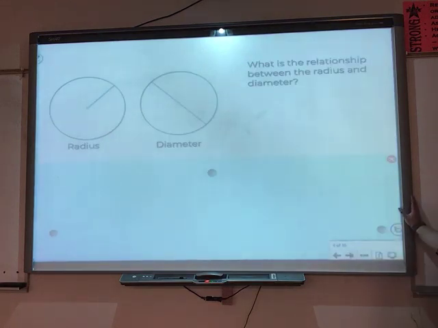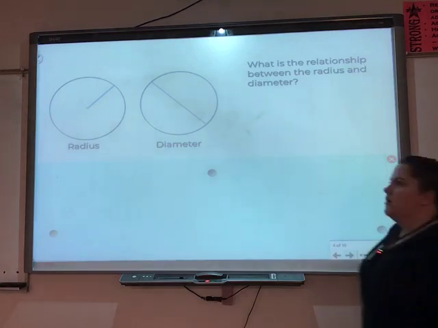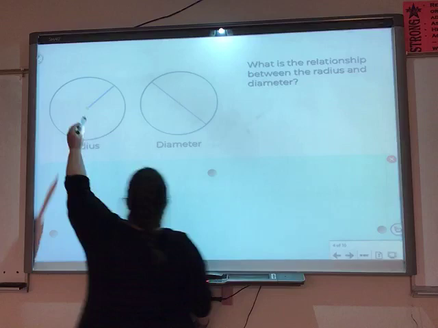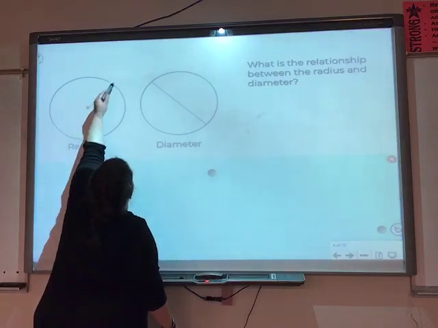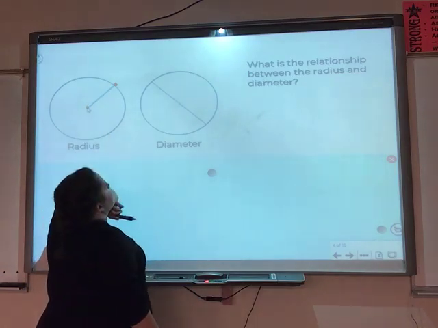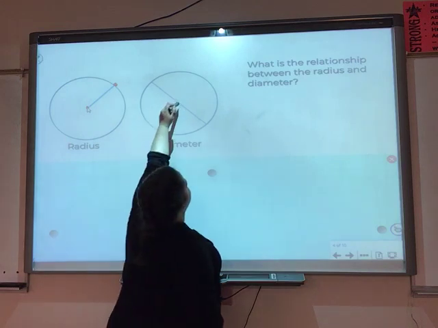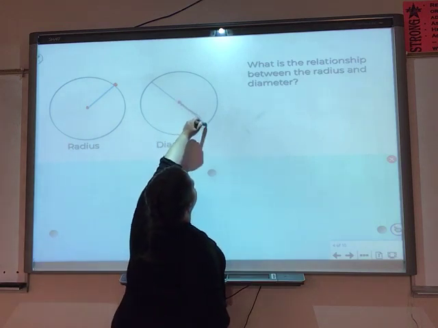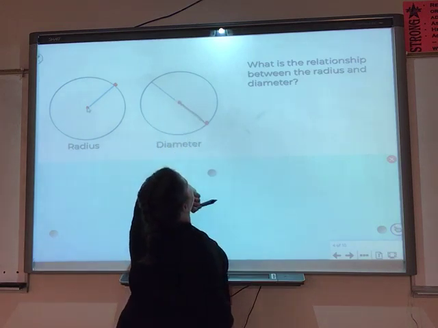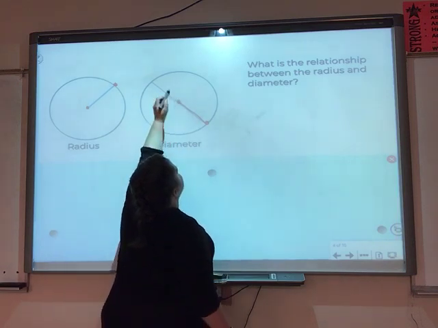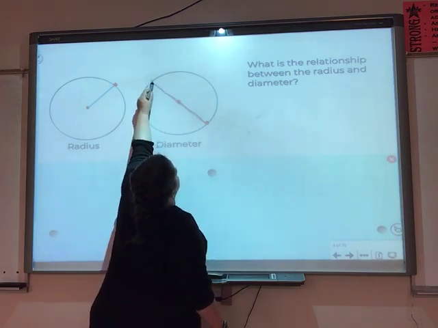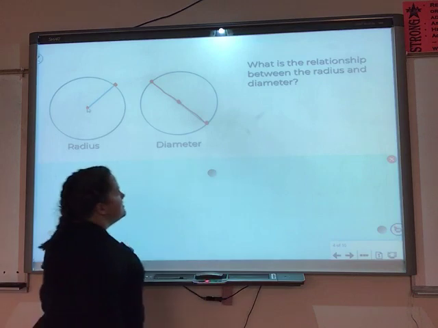We want to know, what is the relationship between the radius and the diameter? Well, if you notice, going from the center point to the edge, that's a radius. So if I go from the center point out to the edge, that's a radius. And going from the center point out to the edge, that's a radius.